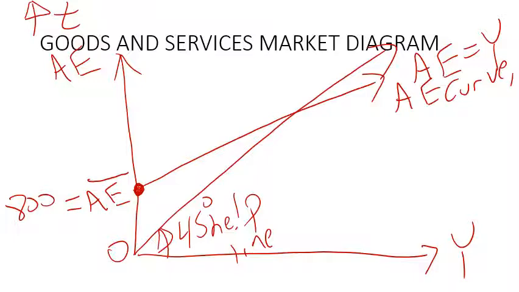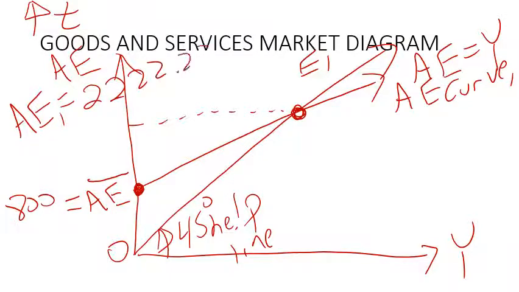Now, the point at which this AE curve crosses the 45-degree help line, well, this is equilibrium. So let's label this as E1. And that equilibrium means that this level of aggregate expenditures is equal to, remember, $2,222.22 billion.